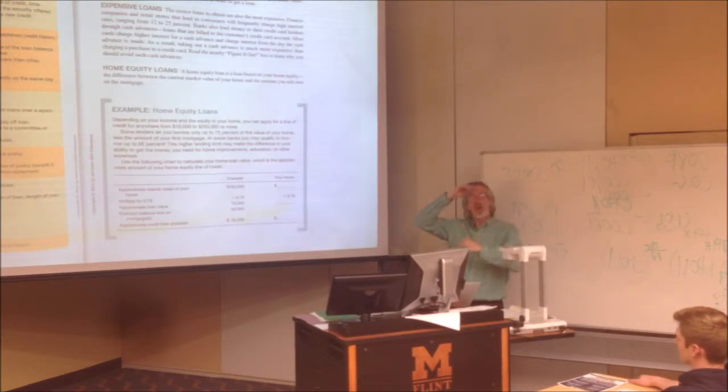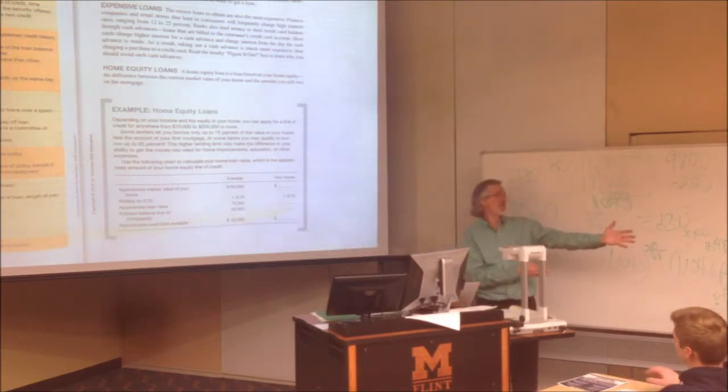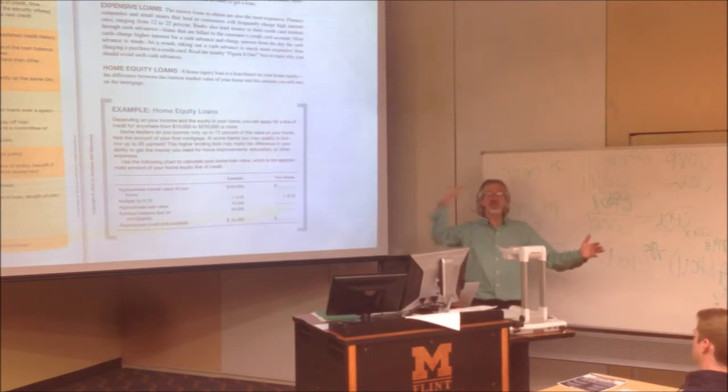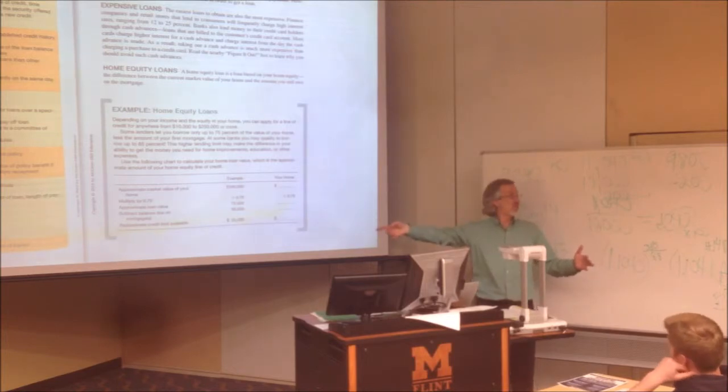And a lot of people will go, wow, before this year, you could write off the interest paid on a home equity loan. So if there's a home equity loan for 4% and a car loan for 3.5%, a home equity loan at 4%, being able to write the interest off on your itemized taxes ended up being really a lot less than 4%, so it was a better deal.